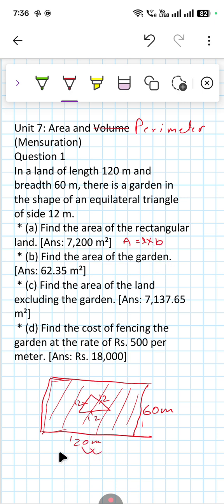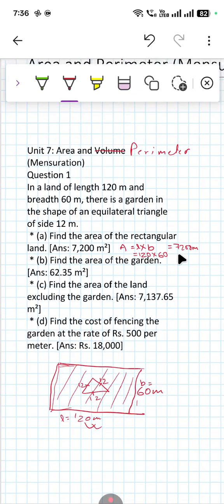Over here length is 120 and breadth is 60, so you will multiply 120 into 60. As a result, what do you get? 7200 square meter. As it is area, the unit will have square.